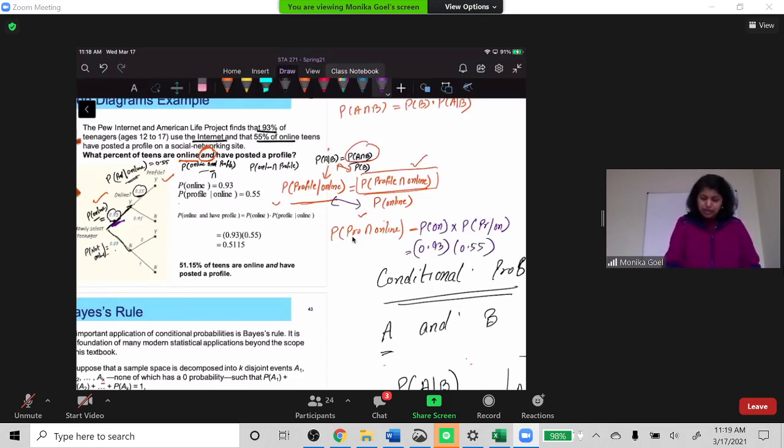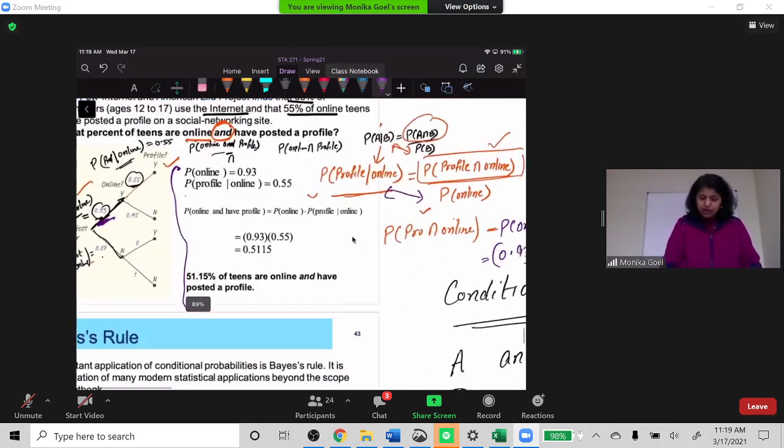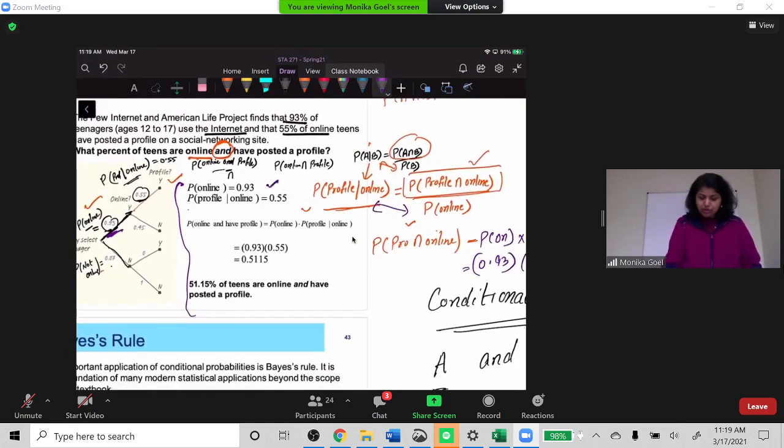And if you look at this example now, that's exactly how they solve. Probability of online is this, profile given online is this, and then you multiply both. And once you multiply, then convert back into percentages. So you multiply by 100 to get percentage, and that gives you your 51.15%.